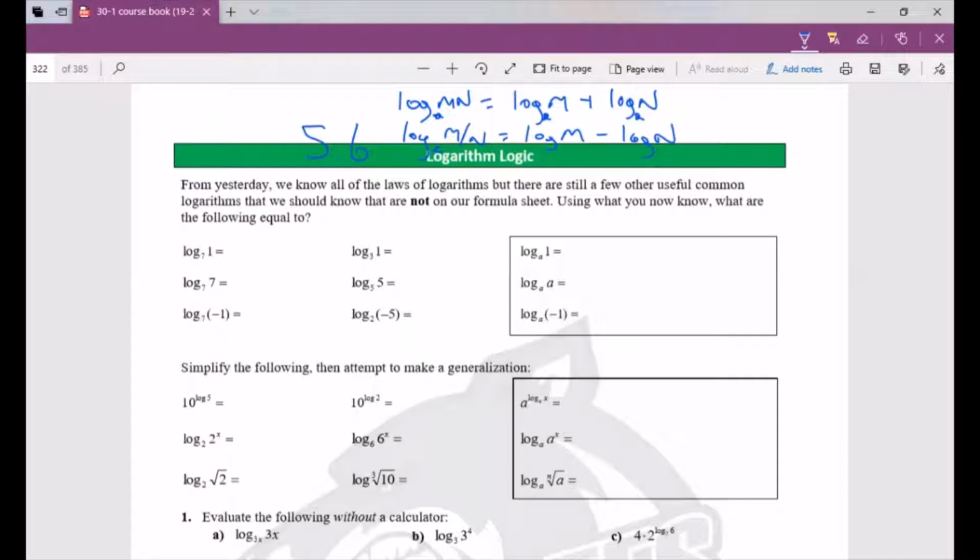And in fact, if we had the logarithm of 1 over n, this would just equal the negative logarithm of n.